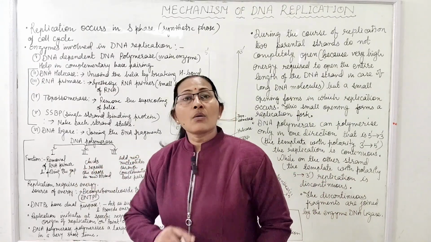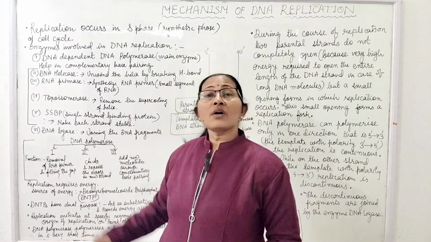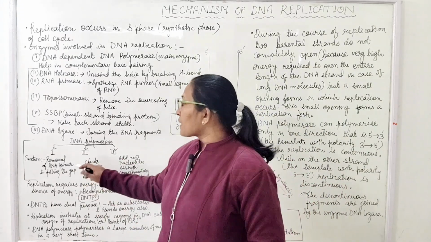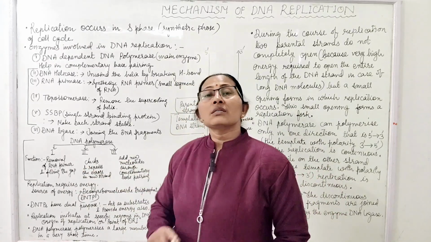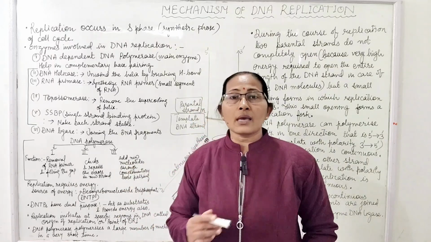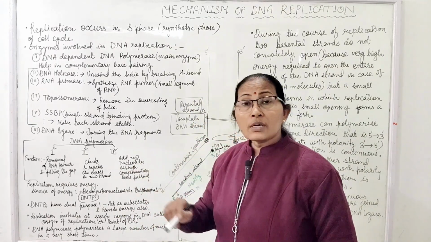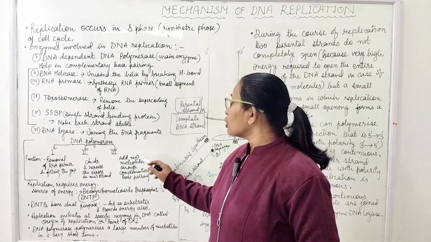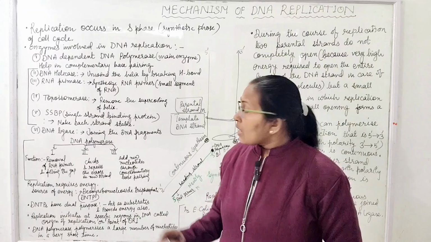DNA polymerase 1, what's its function? Removal of RNA primer and filling the gap. The second polymerase checks and repairs errors in the new strand. And polymerase 3 adds new nucleotides through complementary base pairing.